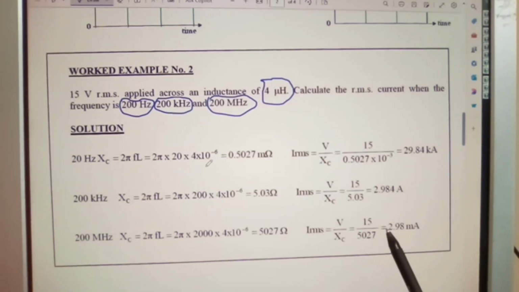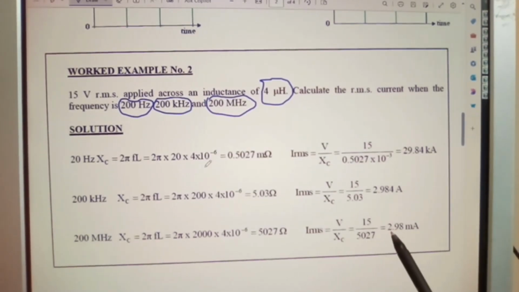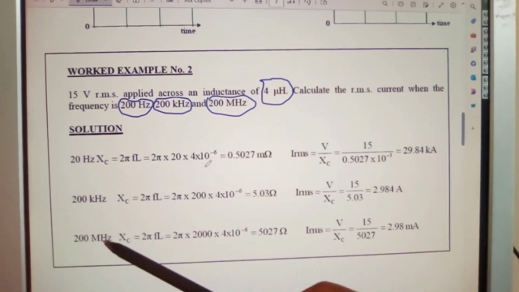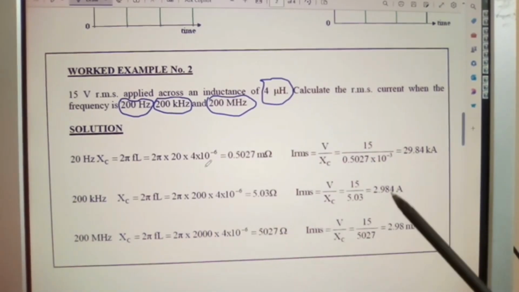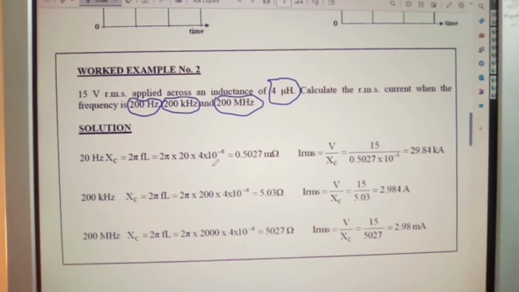And as we increase the frequency even further to 200 megahertz, the current goes down to 2.98. But you can see that between 200 kilohertz and 200 megahertz, the change in amperage is very small. It's only about 0.004.